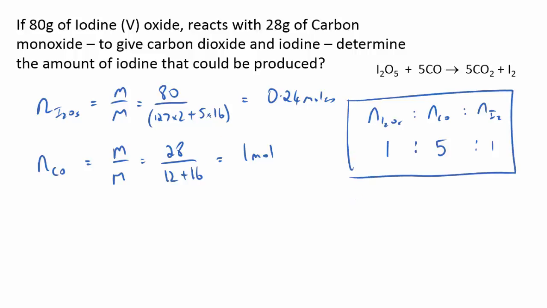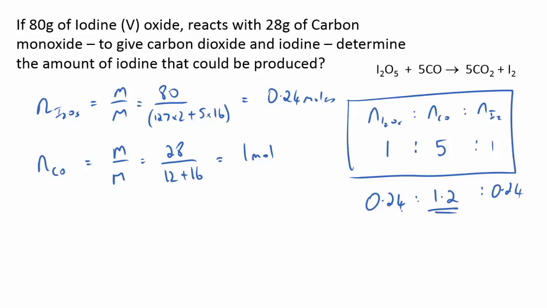So let's take one of these, doesn't matter which one, we'll go with the iodine oxide, 0.24. Looking at the ratios, 1 would make 1, so we're going to have 0.24. Now, the carbon monoxide ratio needs to be 5 times bigger. So if we do 5 times 0.24, we end up with 1.2.